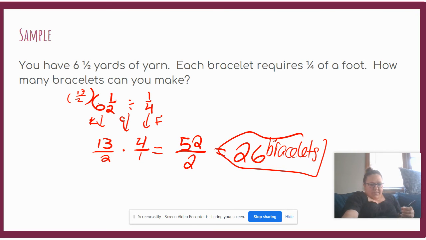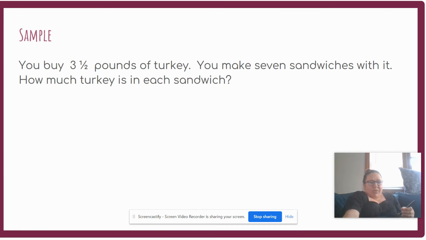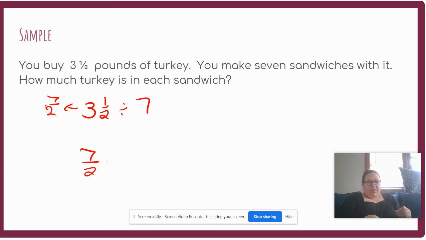All right. You buy 3 1/2 pounds of turkey. You make 7 sandwiches with it. How much is in each sandwich? So we are dividing 3 1/2 pounds into 7 sandwiches. 3 1/2 would be 2 times 3, which is 6, plus 1 is 7 halves. So we have 7 halves, and that's our keep.